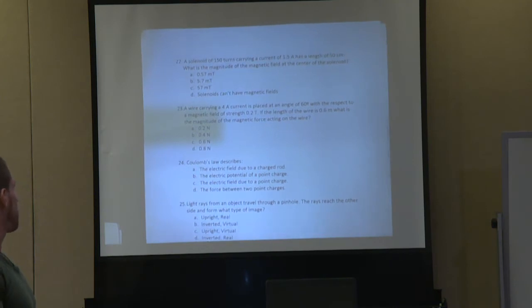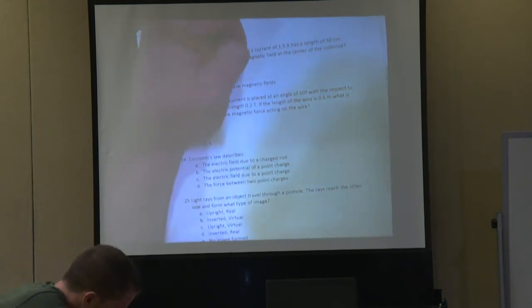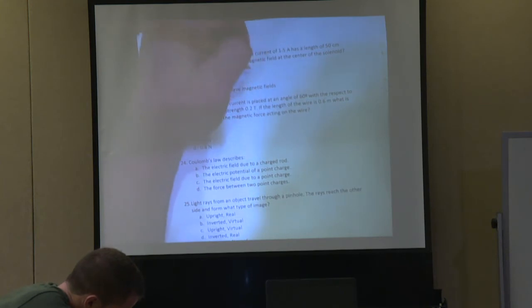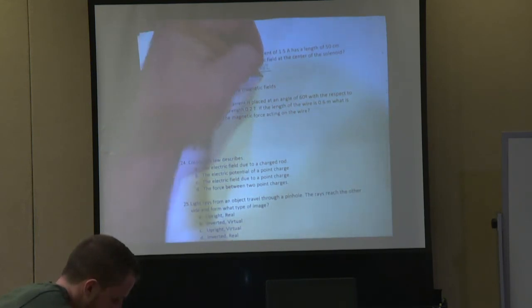So number 22. A solenoid of 150 turns carrying a current of 1.5 amps has a length of 50 centimeters. What is the magnitude of the magnetic field at the center of the solenoid? So we're going to use the equation for the magnetic field of a solenoid, which is B of the solenoid is equal to mu naught times N times current divided by length.